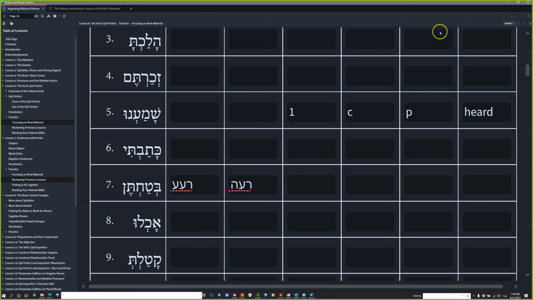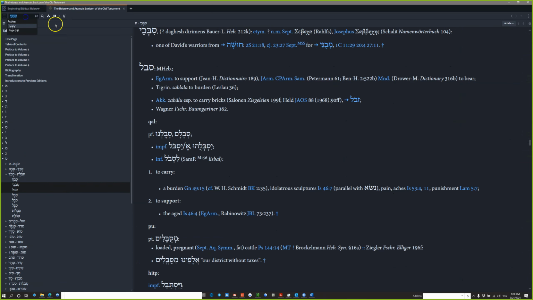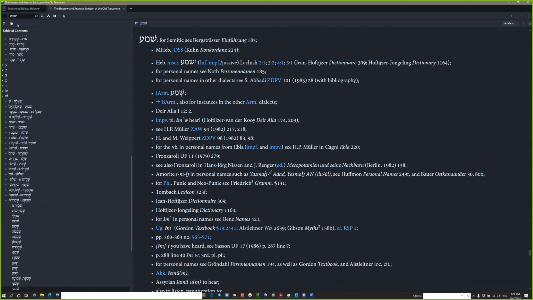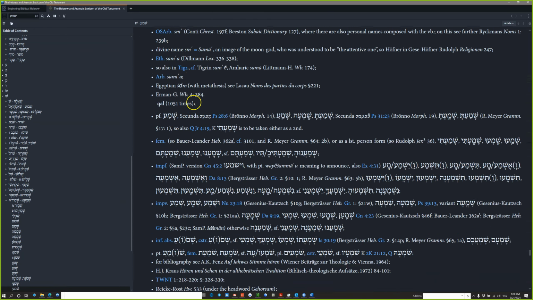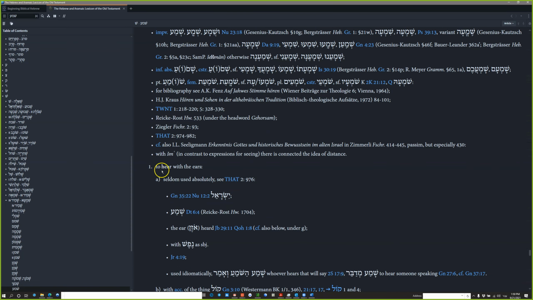In that case, once you get your root, whether that's resh ayin hey, or shin, mem, ayin, whatever that root is, you can just go into your lexicon and look up, let's do shin, mem, ayin. And you'll see, okay, here is that root. I'll scroll down to where I get the first meaning, to hear.